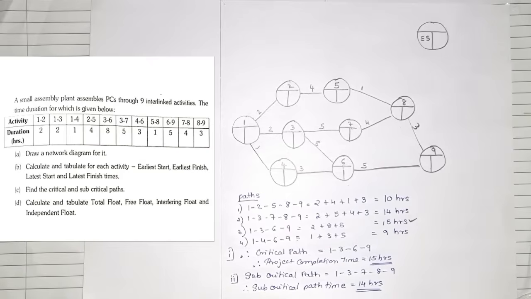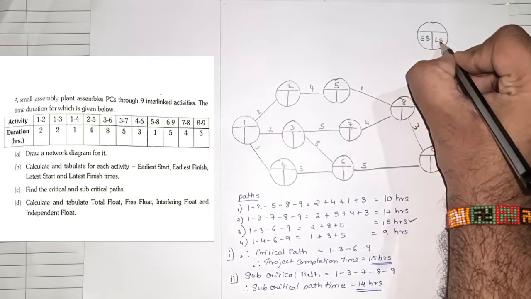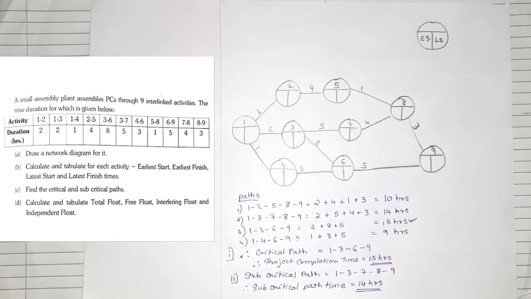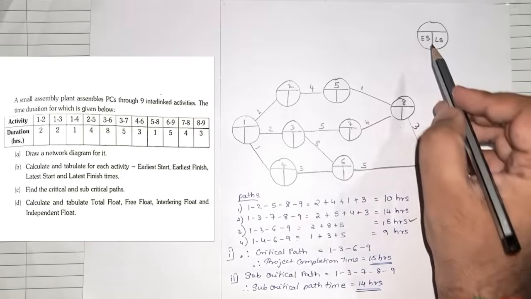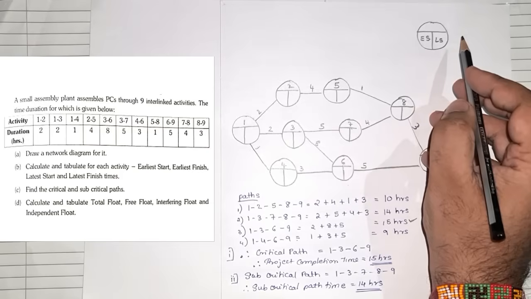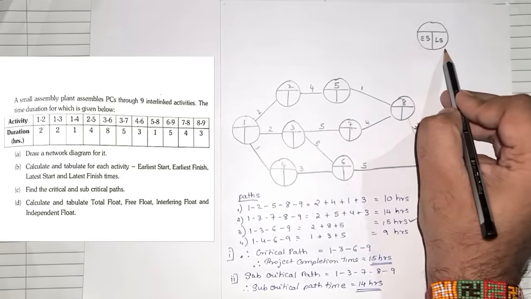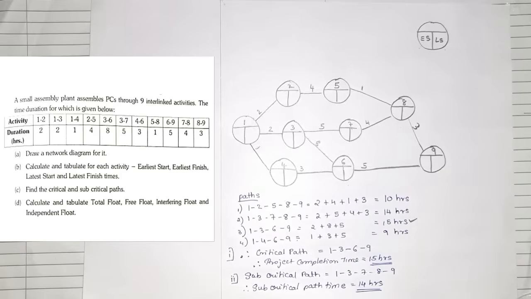It's called the earliest start time. And this will be the latest time, meaning how late you can make it. So your starting time is called the earliest time, and this is your latest time, the latest start point you can say. So earliest time, latest time, this is how you need to remember.